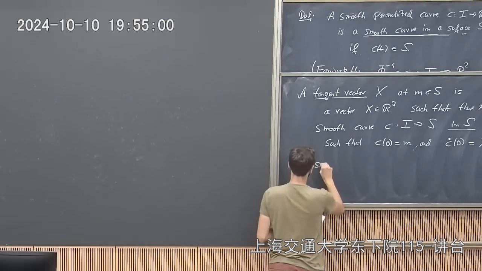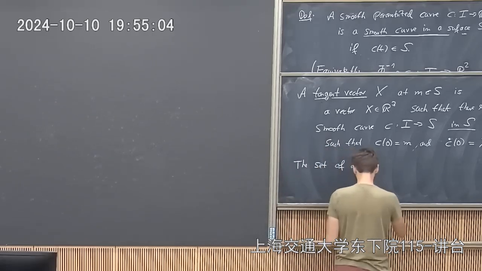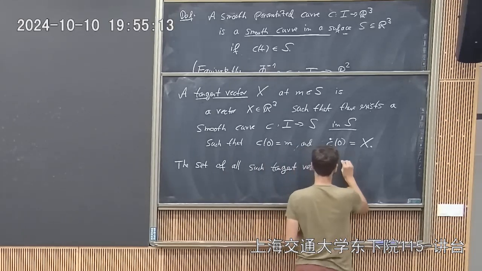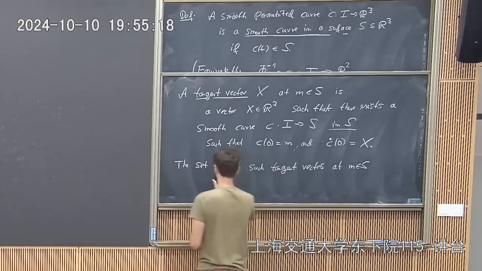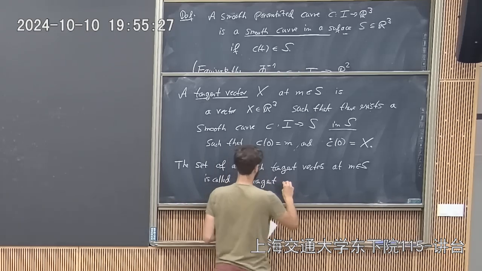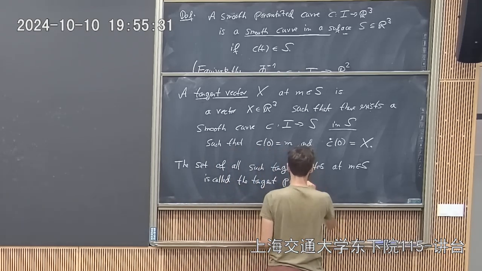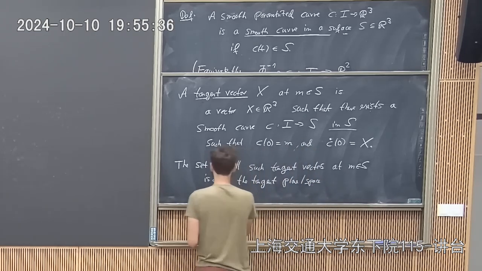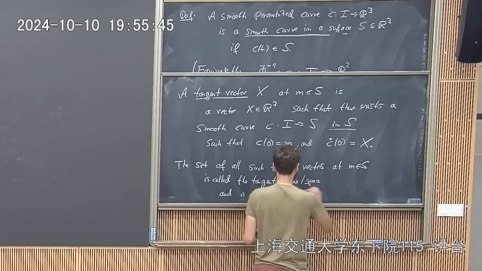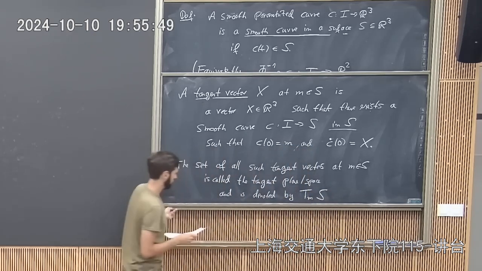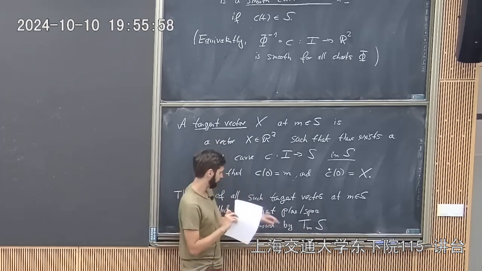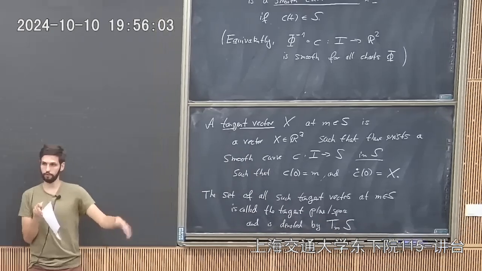And the set of tangent vectors at some given point is called the tangent space, denoted by T_M S. So the S stands for the surface, the M says at which point I choose my reference point, and the T says please take all of the tangent vectors at that point.